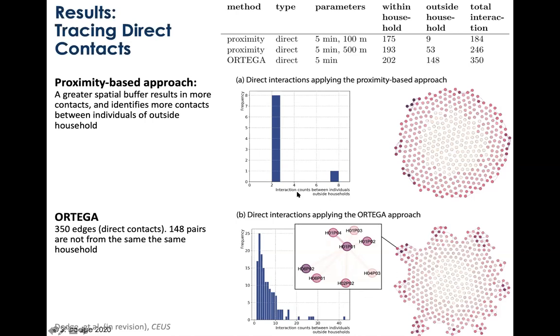The number of counts increases with Ortega. So Ortega can identify more interaction with people outside household as compared to the proximity-based approach. We know that a lot of people in the data set interacted, so the proximity-based approach misses a lot of those interactions, because a lot of people live at least with one person in the same household.